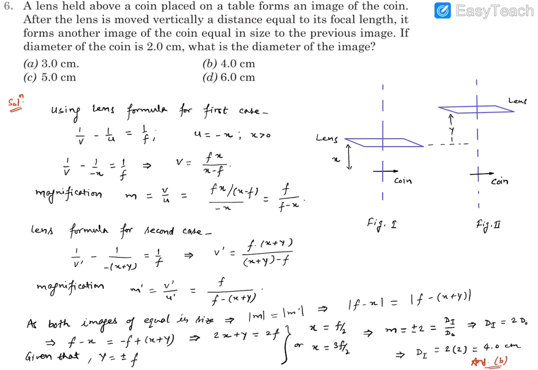So this y has to be equal to focal length. Again, plus minus f we can take for considering all the cases. If we take the plus sign, that means y is equal to f, then x turns out to be f by 2. And if we take y is equal to minus f, then x turns out to be 3f by 2.